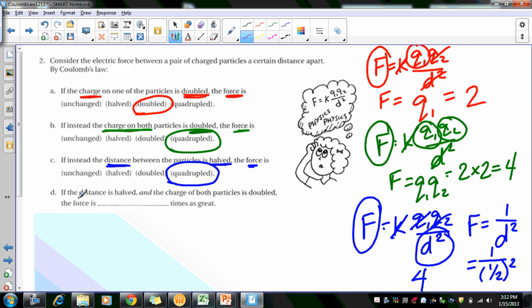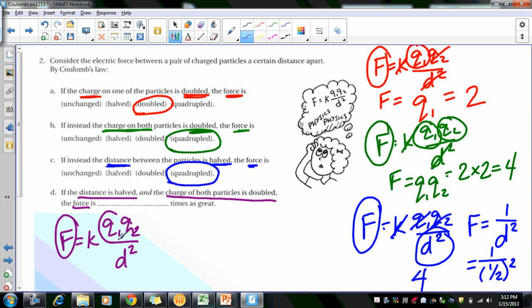All right, so distance is halved, and the charge of both particles doubles. What happens to the force? So here we go, F equals K Q1 Q2 over D squared. And so force changes, both charges change, and distance changes. So the only thing that doesn't is our constant.